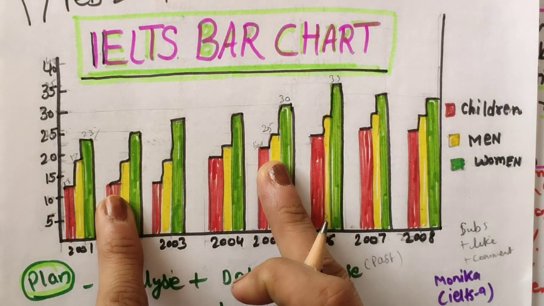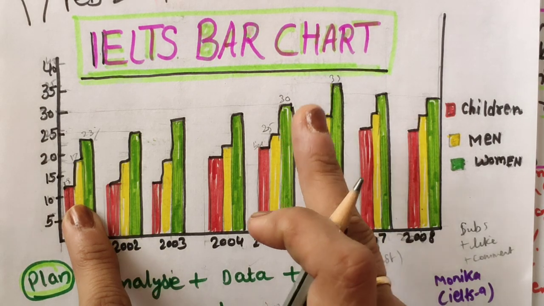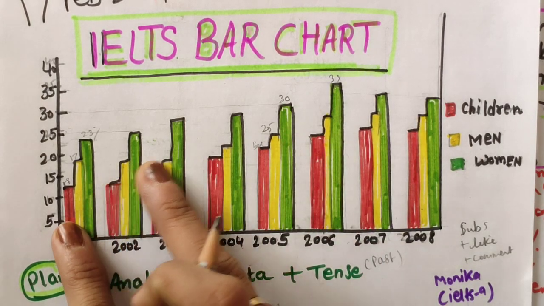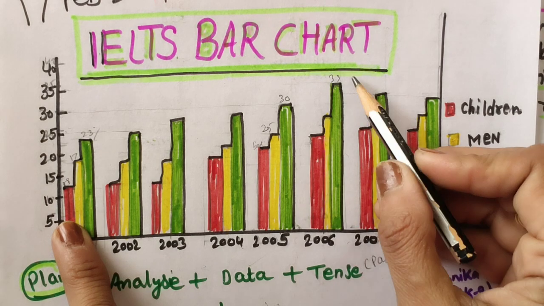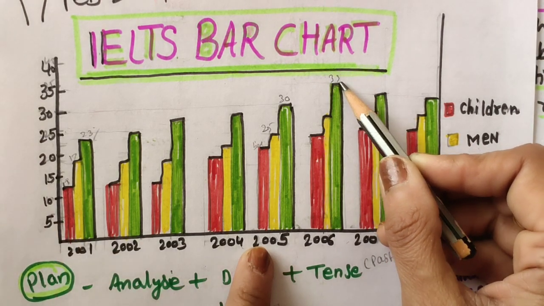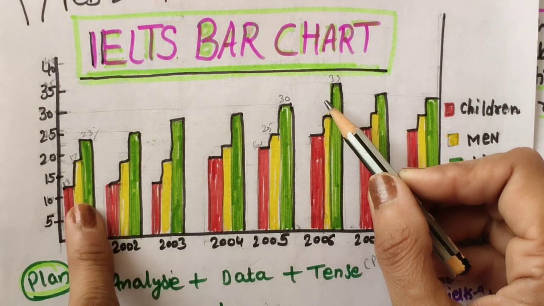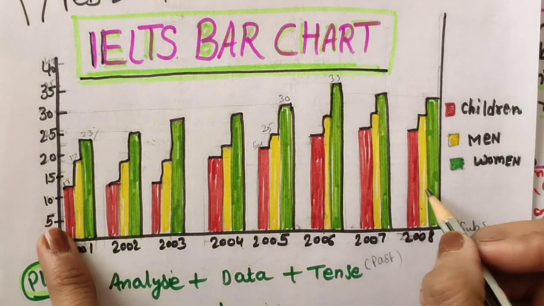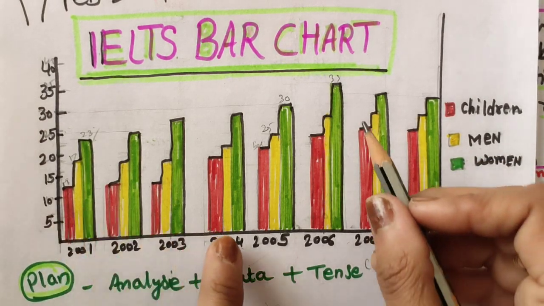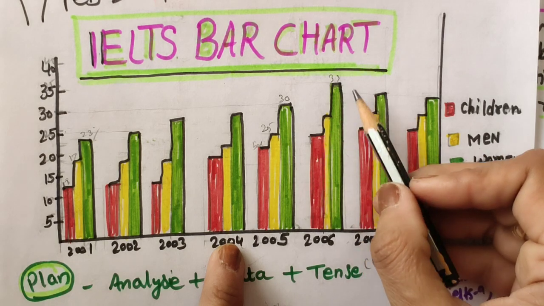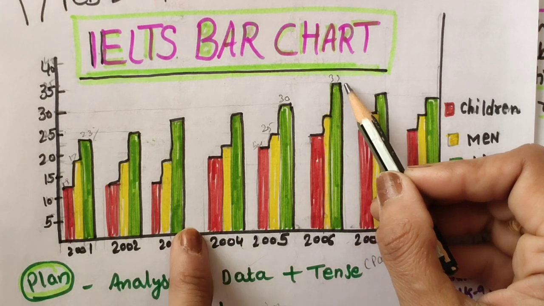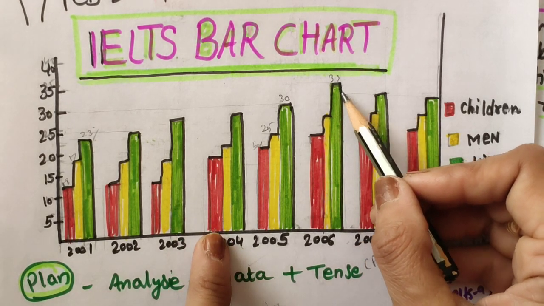Okay, so in this way you have to write the information, but not everything. This is the major important point where it is touching. The first year and final year are important to write in detail, and wherever there is a striking point, like the peak point in this bar graph, this is also important to write in the answer.